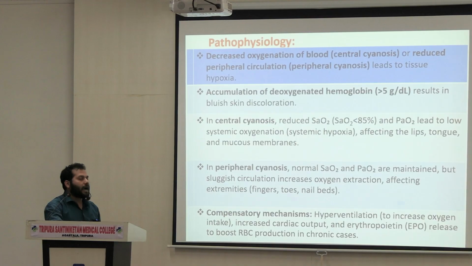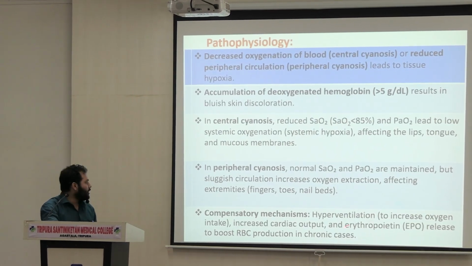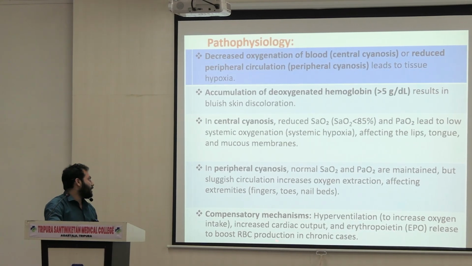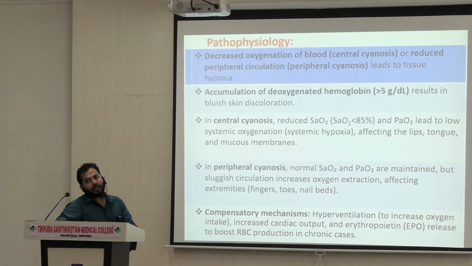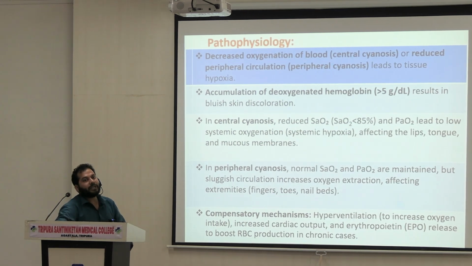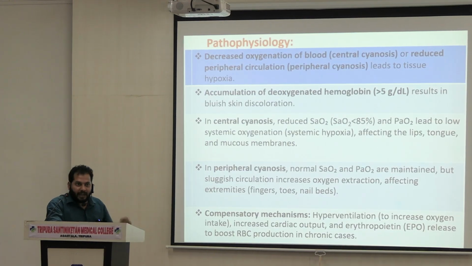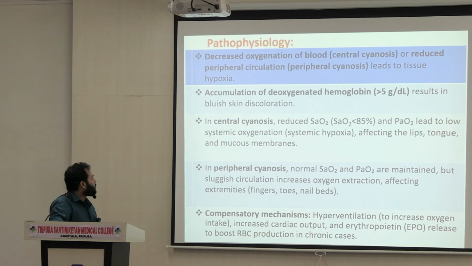And increased cardiac output, obviously, is also related with the sufficient supply of oxygen at tissue level. And even erythropoietin release to boost RBC production in chronic cases. Yes, these are some compensatory mechanisms by which we can improve the deficiency of oxygen at tissue level.